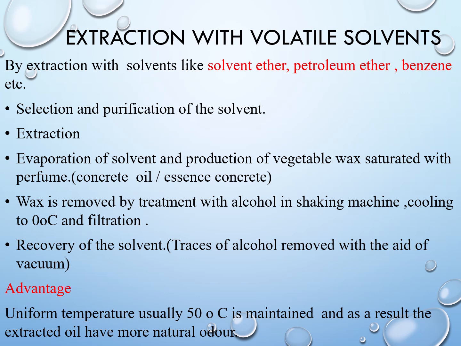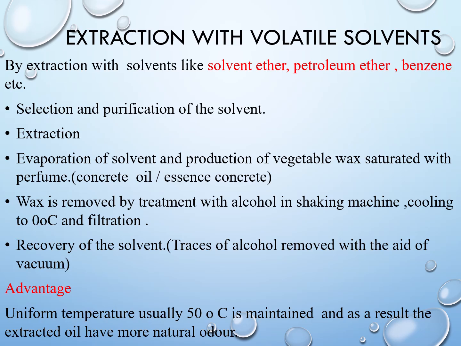After extraction, we get an extract, and from the extract we remove the solvent by evaporation. The extract is actually a mixture of vegetable wax as well as the volatile oil, and this is known as the essence concrete.